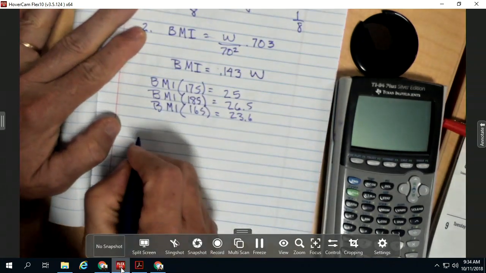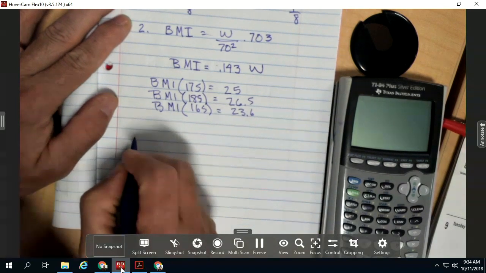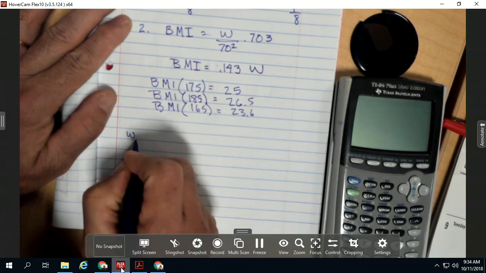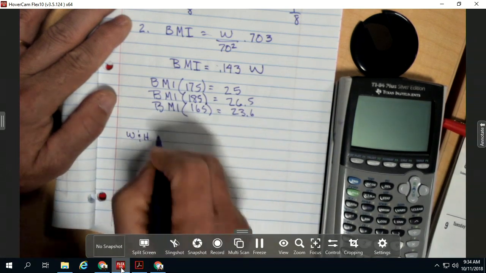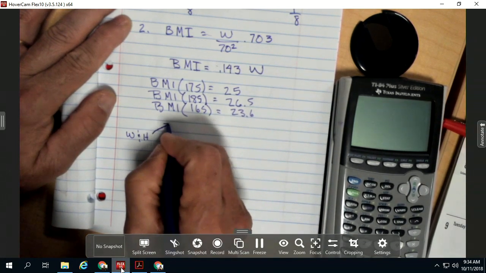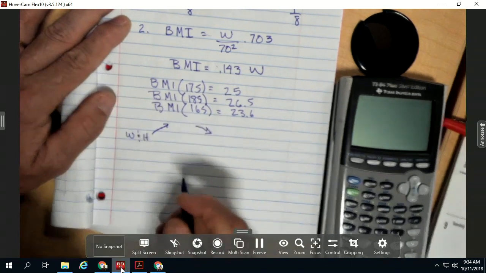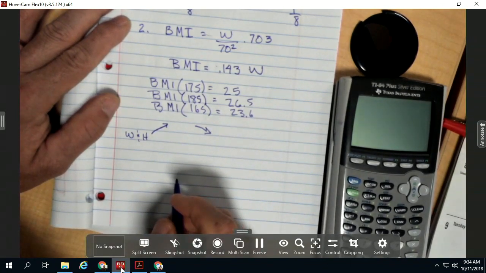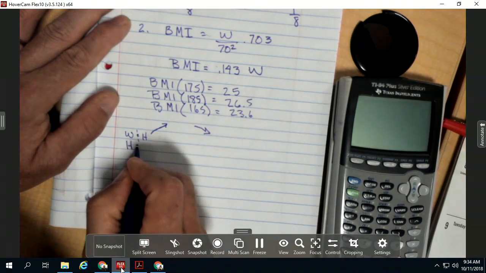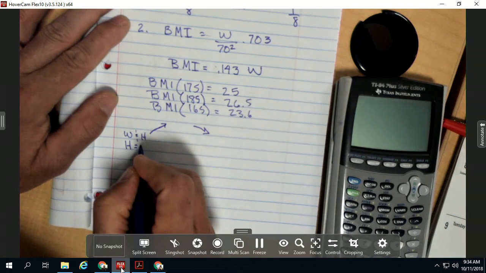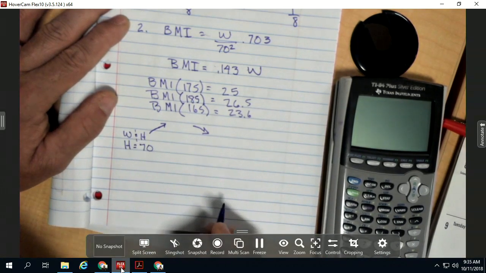Okay. Let's do this, though, in our notes, because I want to show you how the math works. We start with 2 factors, weight and height, to get BMI, and let's say that the height is, what did we say for this case? Height was 70 inches.